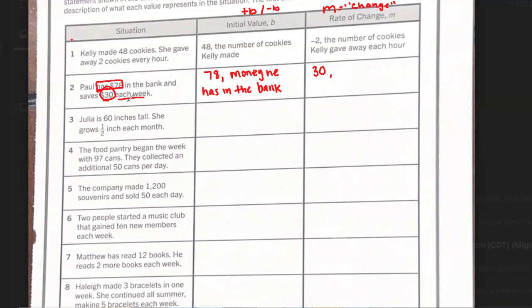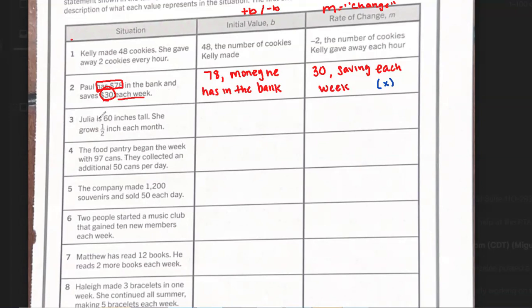And I'm saving it each week. And when the sentence has a period and you see the word each, we're going to say that the word each means to multiply. Okay. That's what we're doing. We're just finding those two numbers and what they mean.